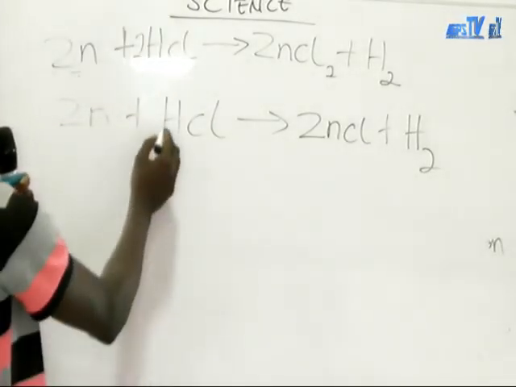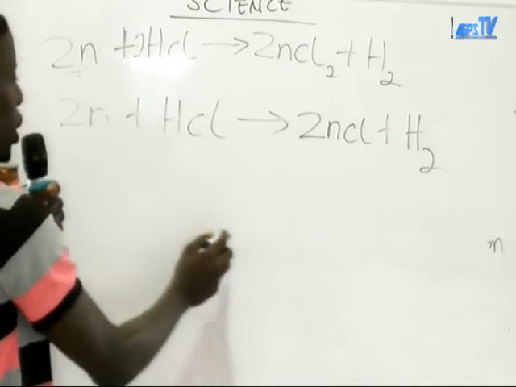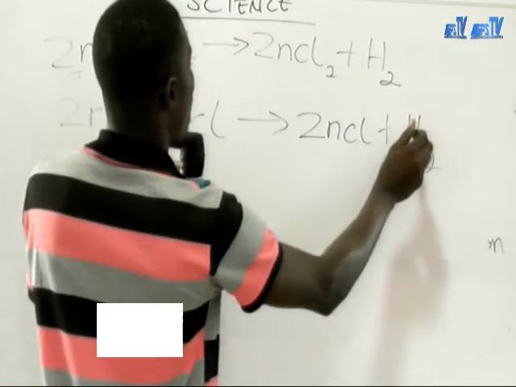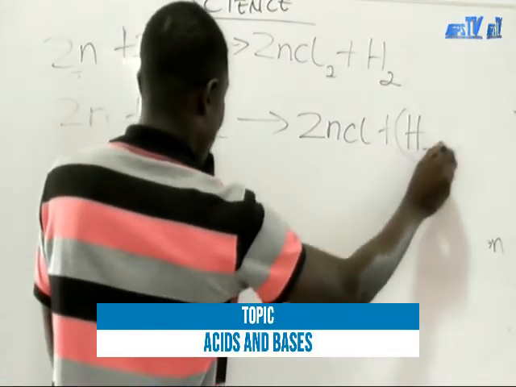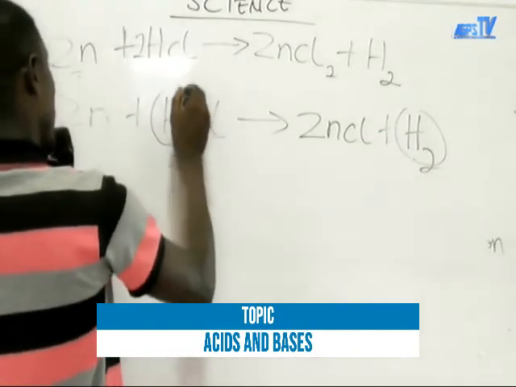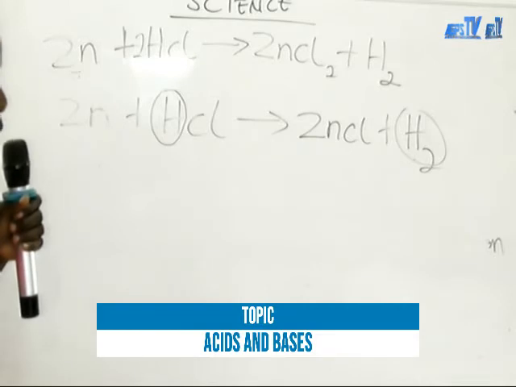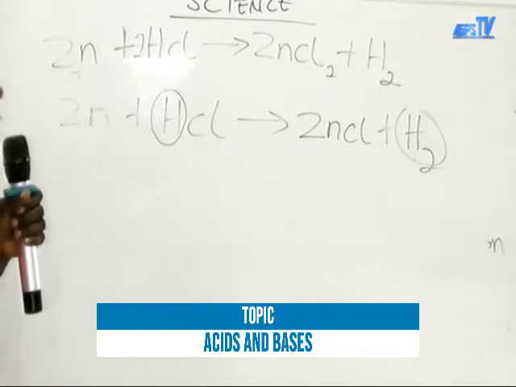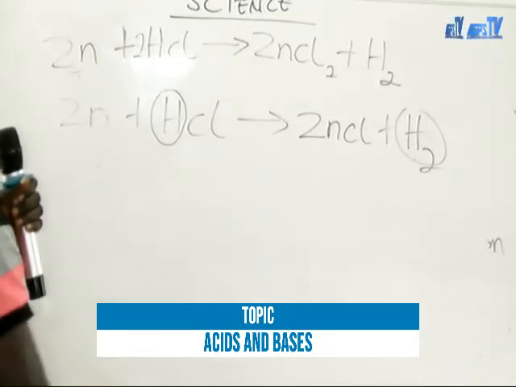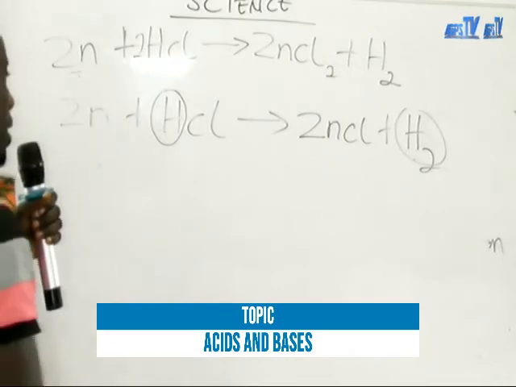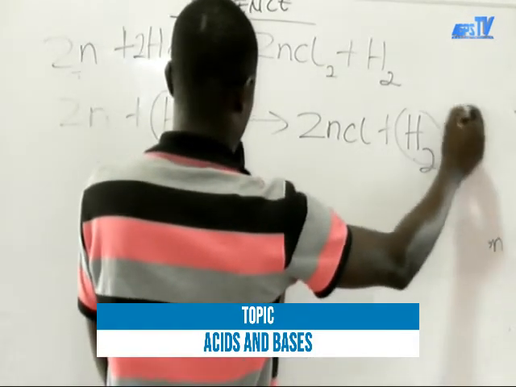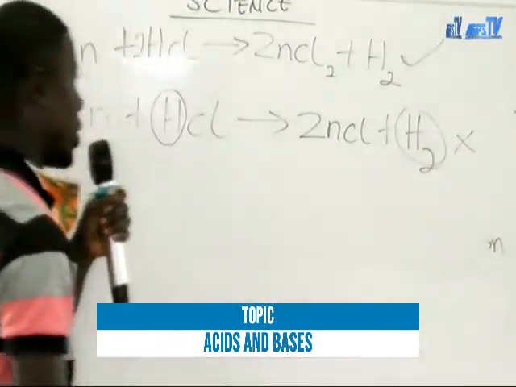Now here we have only 1 atom of hydrogen. Here too we have 2 atoms of hydrogen. So these are not balanced. Take note, are not balanced. So this one is not accepted. This one is wrong. So this equation is wrong. And the first one is the correct one. So take note of that.